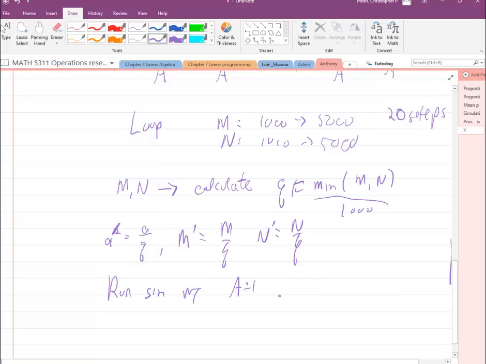Big A always stays 1. And then A prime, M prime, and N prime. Now this simulation will have the same ratios as if I used A, M, and N. And then we'll store this value associated with M and N. So if we do 20 steps apiece, that's going to give us 400 sims, 400 values.